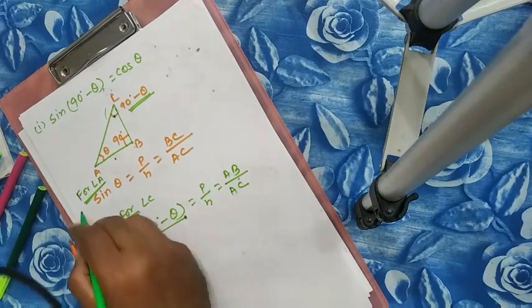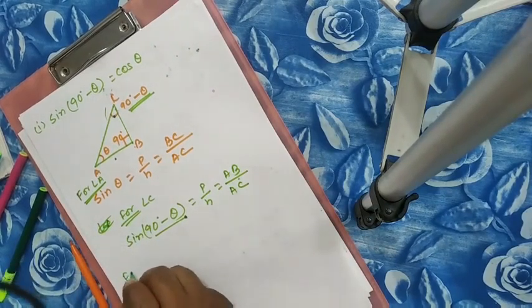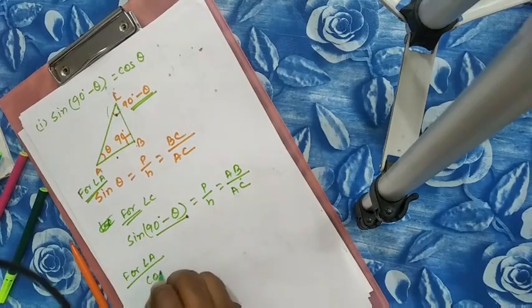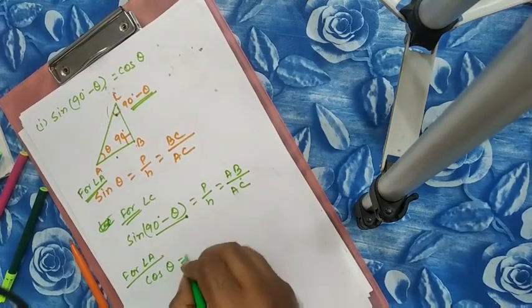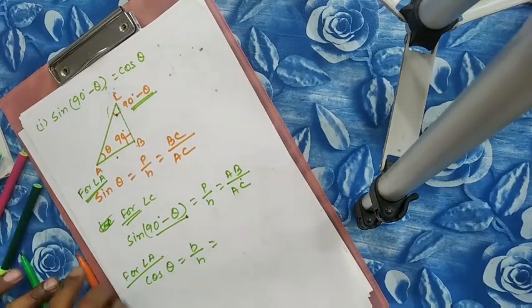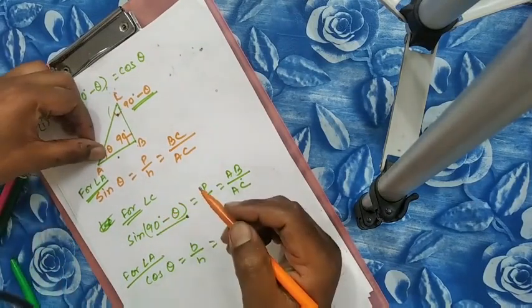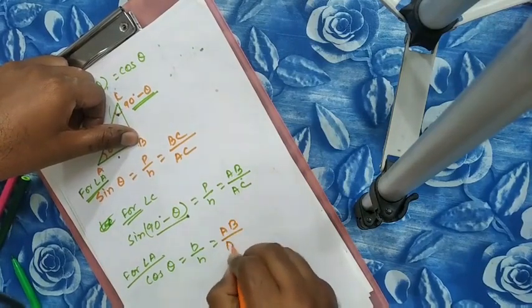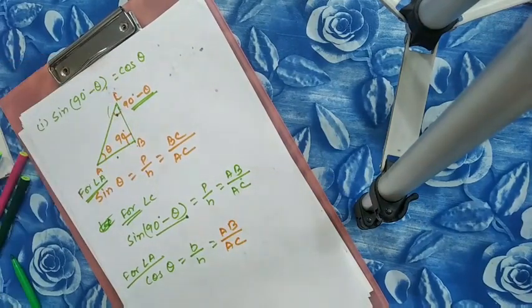Like that, if you calculate cos theta for angle A, then it will be base upon hypotenuse. For angle theta the base will be AB, so AB upon hypotenuse AC.